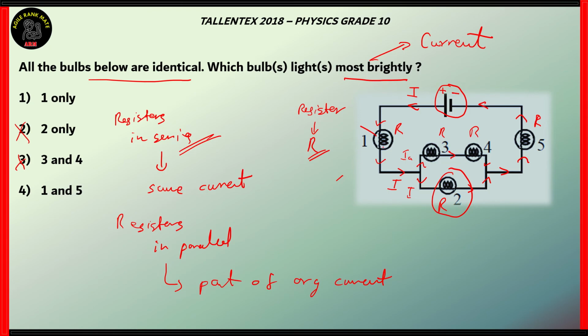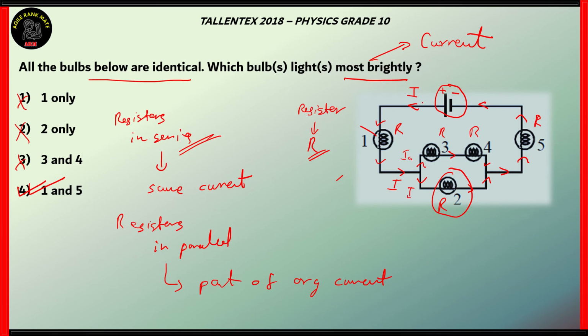Now, if you look at both bulbs 1 and 5, you can see that both of them are connected in series to the original potential difference. So 1 then passes through the parallel circuit, then passes through 5, and then back to the battery. So therefore, option 4, 1 and 5 is the right option. The reason being, resistors in series get the same current.